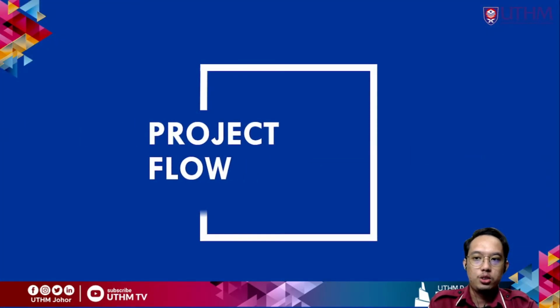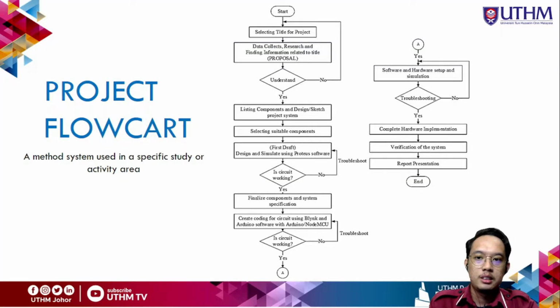In the project flow, a method is a system used in a specific study or activity area. So this is my project flow that has been constructed. The first is start by selecting the title for the project, data collecting and research, and finding information related to the title.